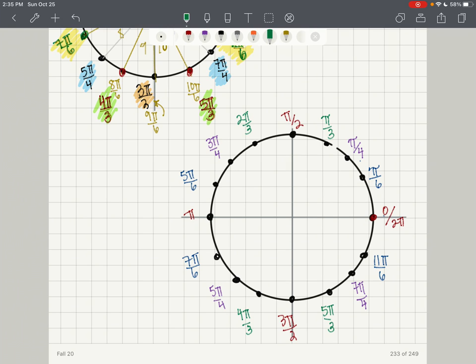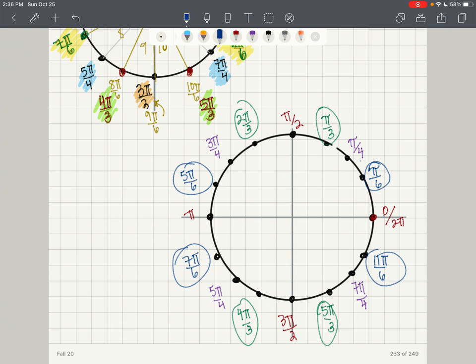That might help you memorize easier that your pi over 3s are going to be closest to your y-axis. Your pi over 6s are going to be closest to your x-axis. And your pi over 4s are going to be smack dab in the middle of each quadrant.